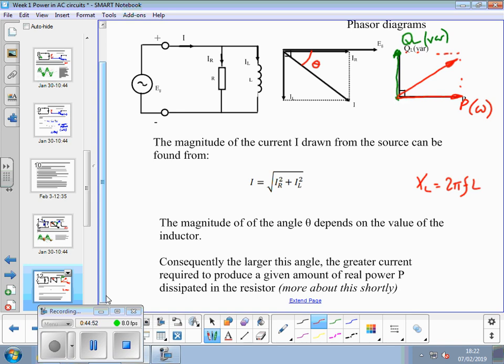So the overall current being drawn from the generator is increased because that current has increased, but this current is still the same, and the length of that power line is still the same. So you're drawing more current for the same useful power being used. Not good.